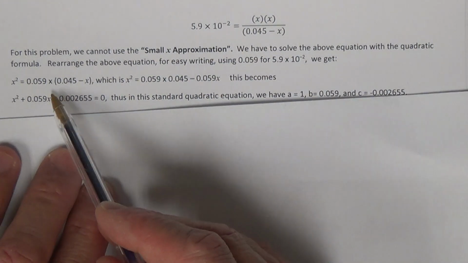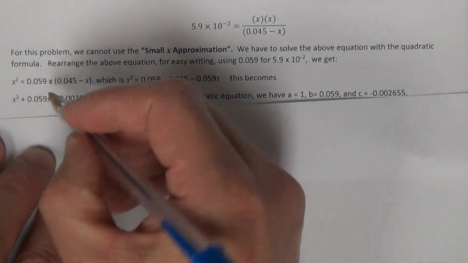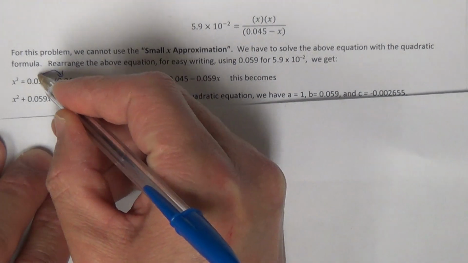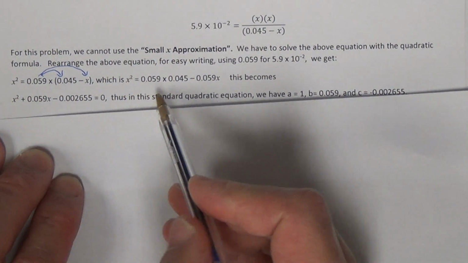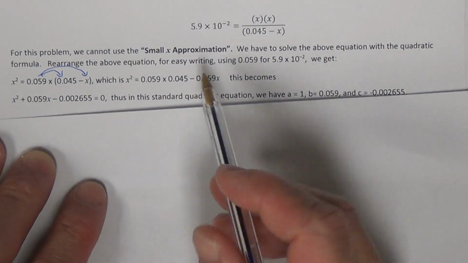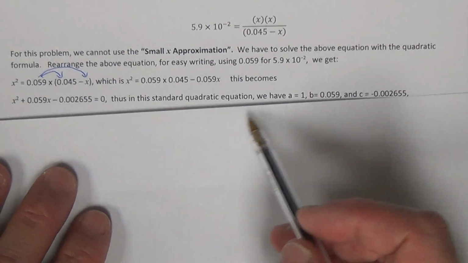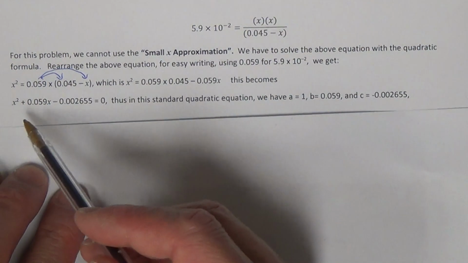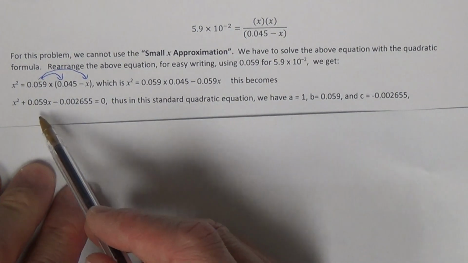So therefore we get this equation, which means we will distribute this number into these two numbers. So we still have x squared on the left side, but on the right side we have these two new terms. Then we multiply, and then we put all the terms on one side, so that we get this equation.